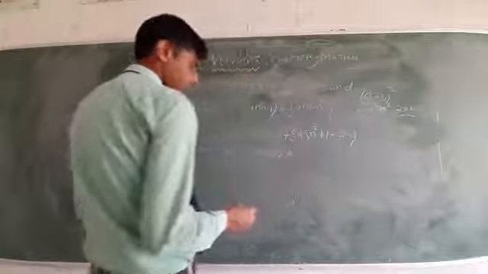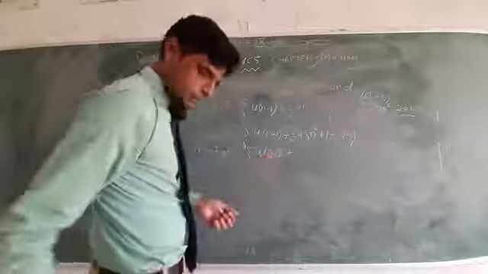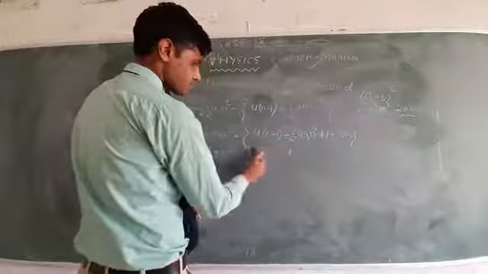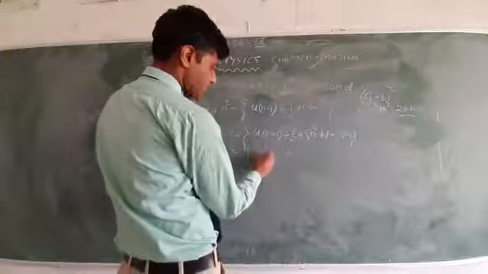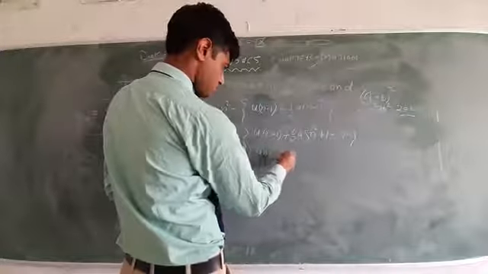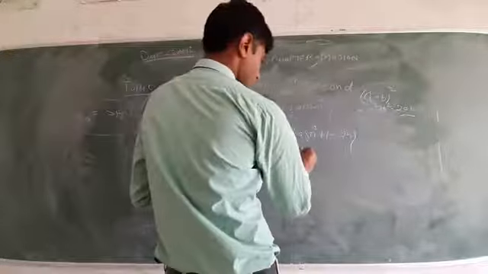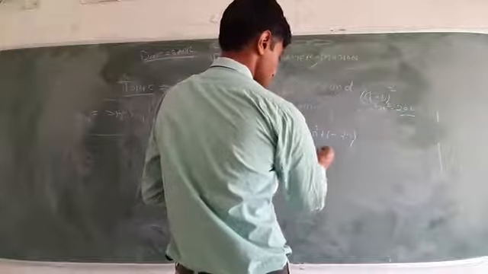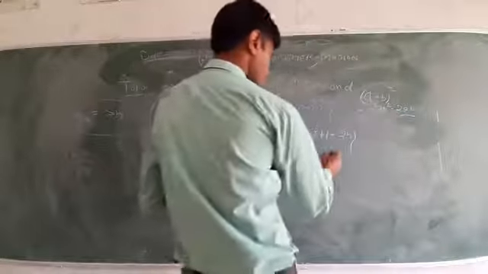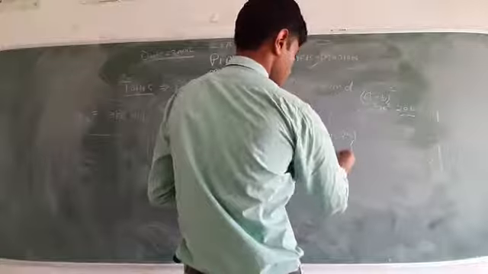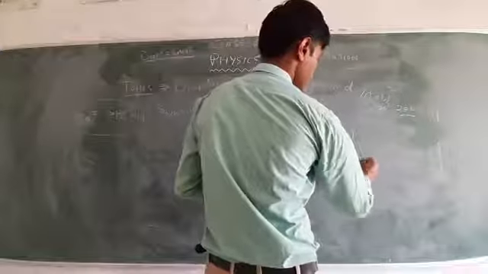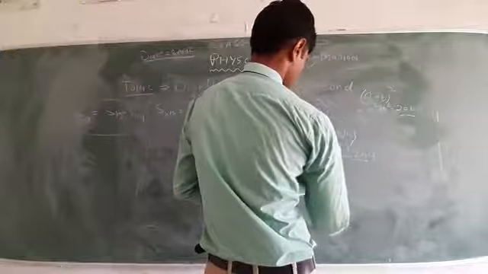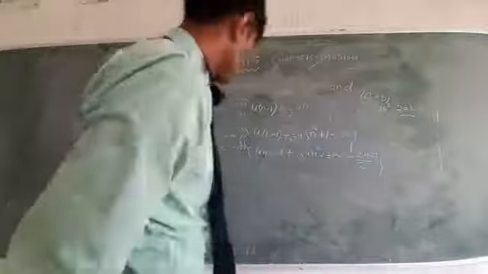So un plus 1 upon 2 a n square minus un, plus, you can multiply, and this is given as un minus u. So 1 upon 2 a n square plus 1 upon 2 a minus 2n upon 2 na upon 2. No need to divide 2 by 2.